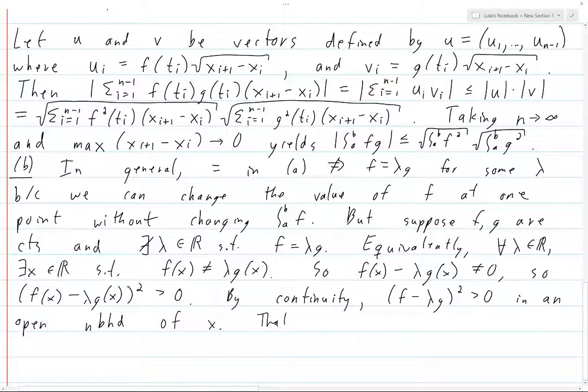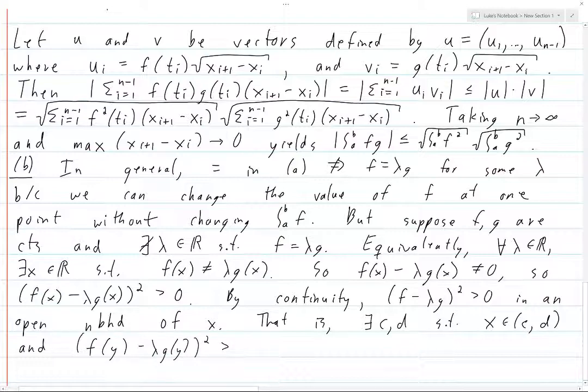So that is, there are numbers C and D such that x is in the open interval from C to D, and f of y minus lambda times g of y squared is greater than 0 for all y in C to D. And why are we able to do this?